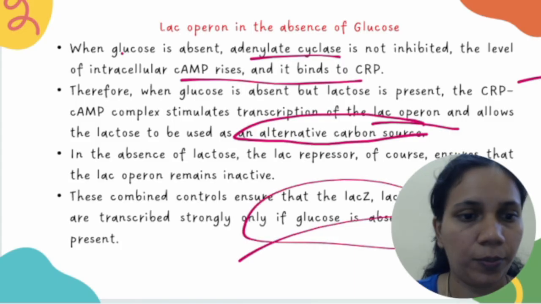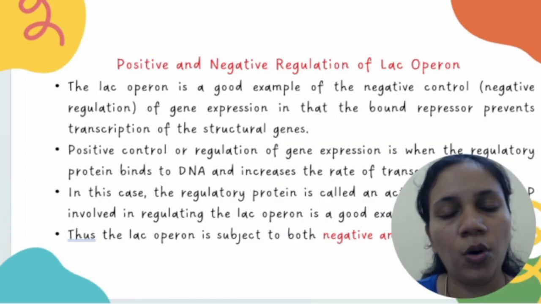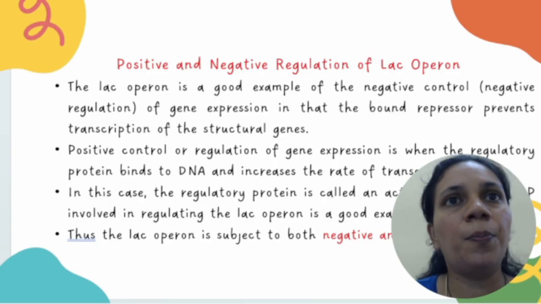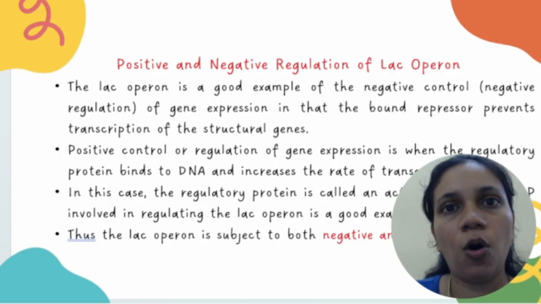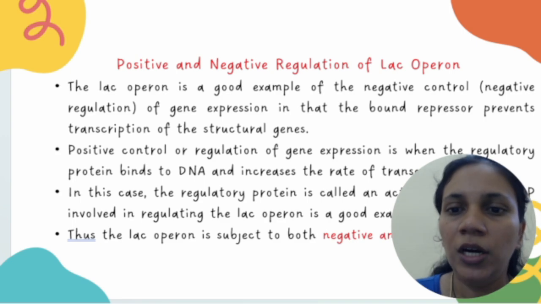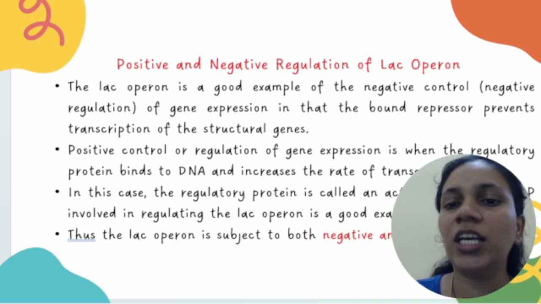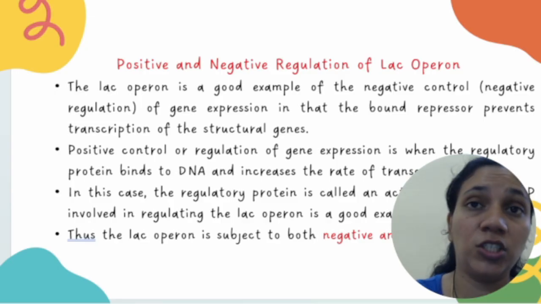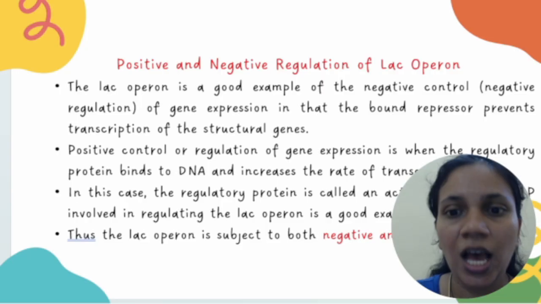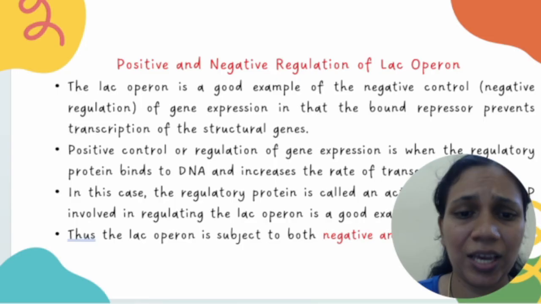This last point. Now let us move on to the last part of the lactose operon. This is a perfect example of negative and positive regulation. Negative control is when there is binding of the repressor, which is going to block the further transcription of structural genes, and positive control is the example when we are studying cyclic AMP.